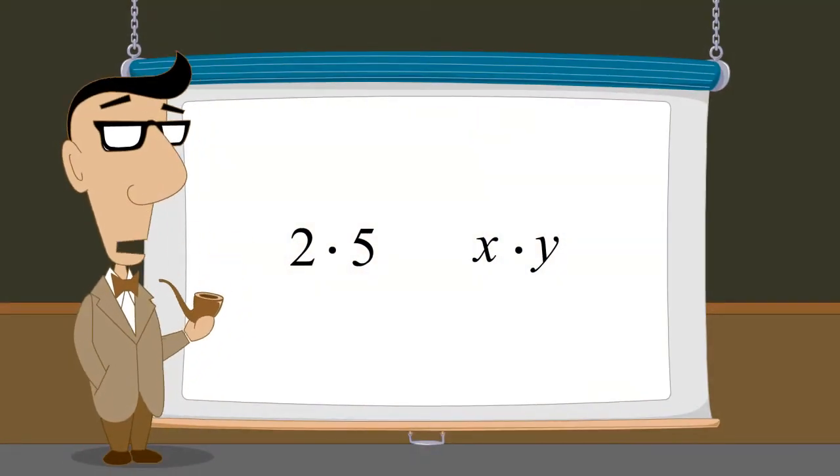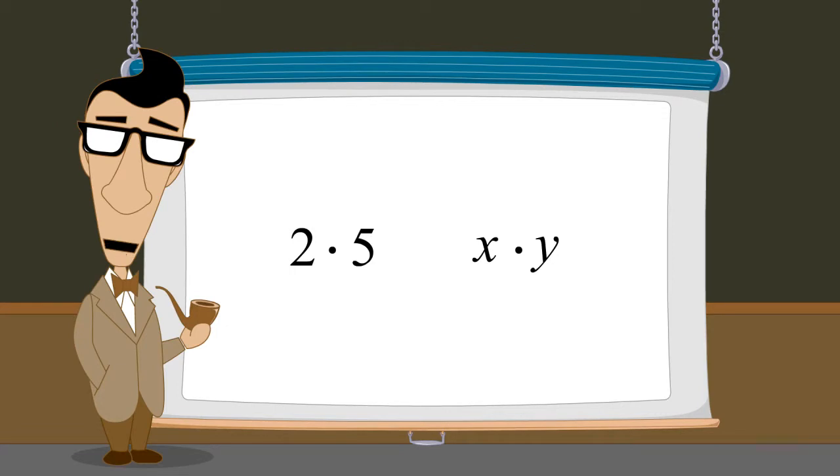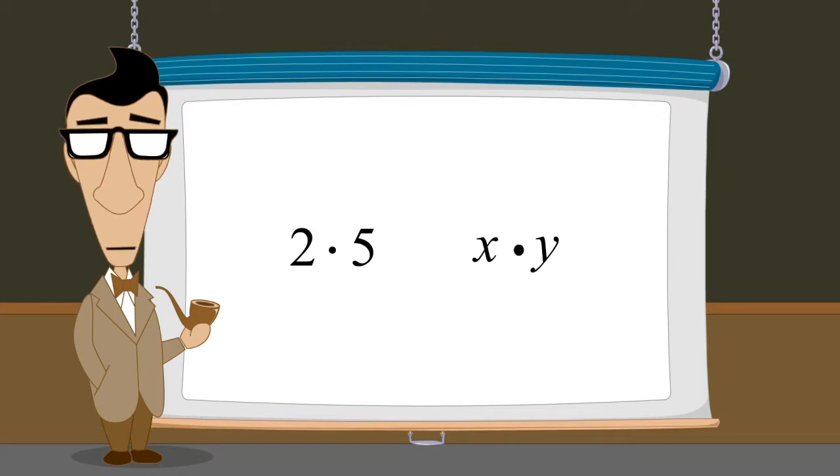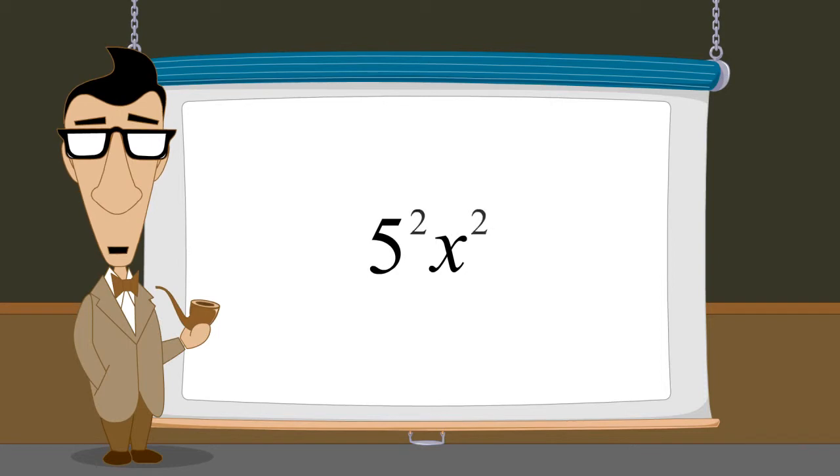When using variables, we have one additional option for indicating that two variables are multiplied. We can write the variables next to each other with nothing in between. We can also use this notation when multiplying a variable and a number. We can also do this when these terms have exponents.